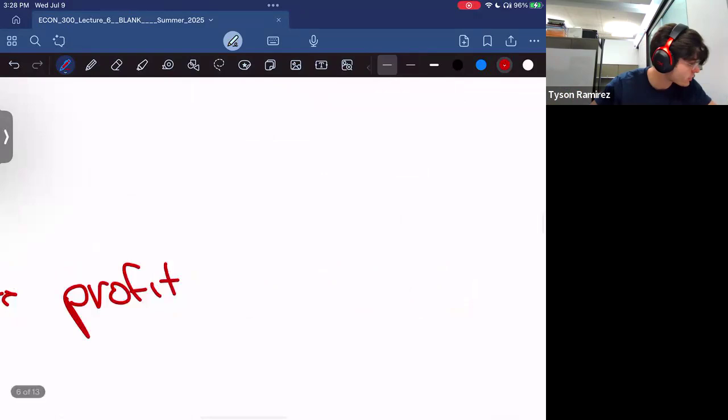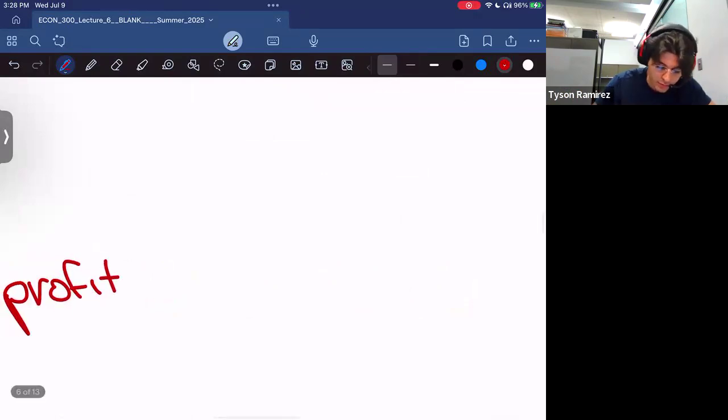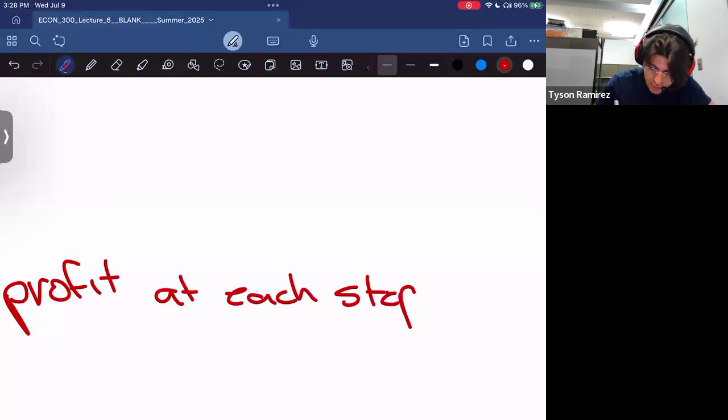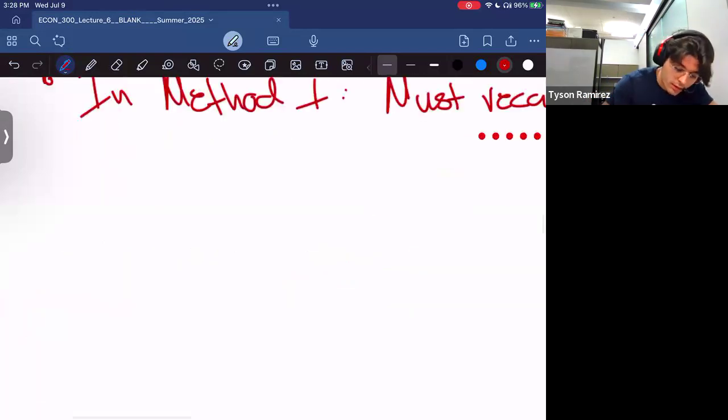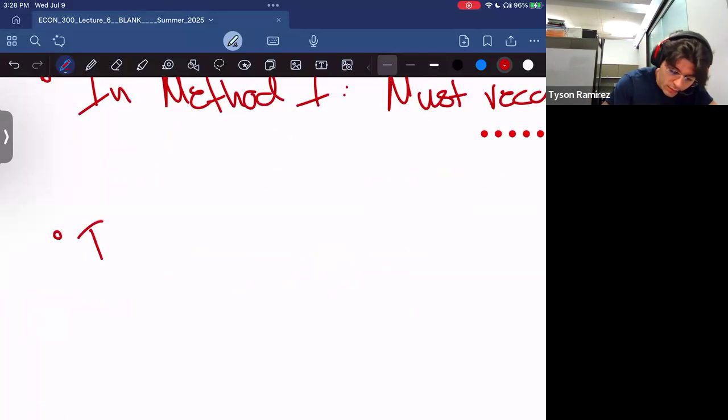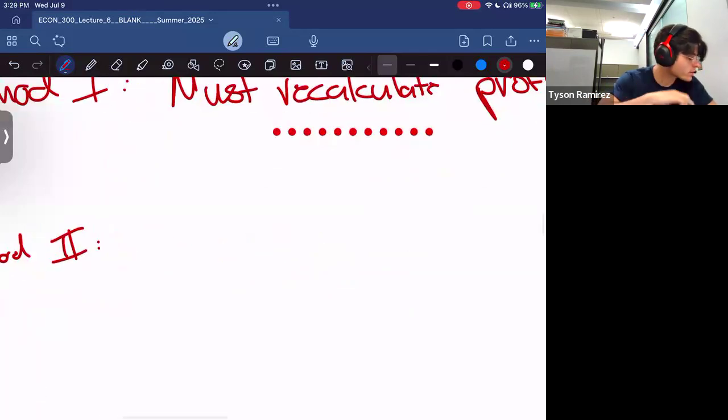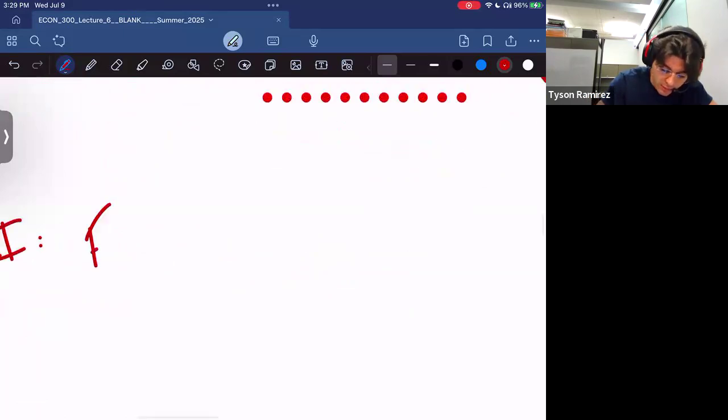Must recalculate profit, and so that's not desirable. Meanwhile, in method two, fixed costs do not affect marginal revenue or marginal cost.